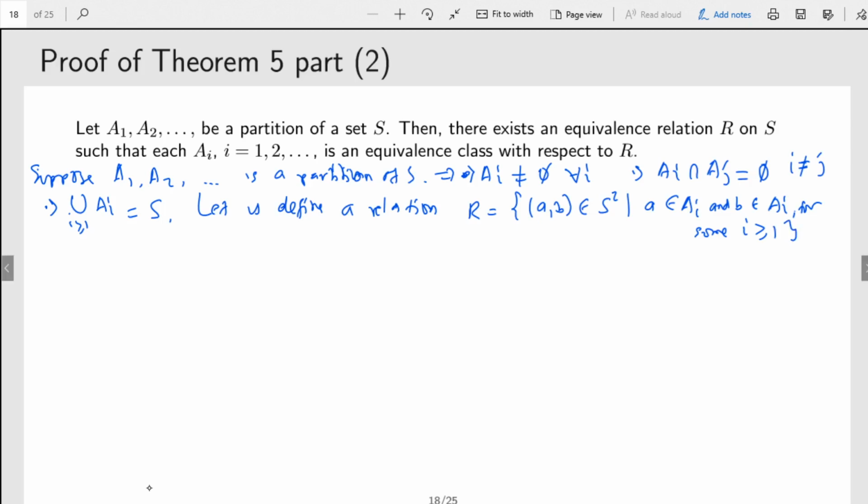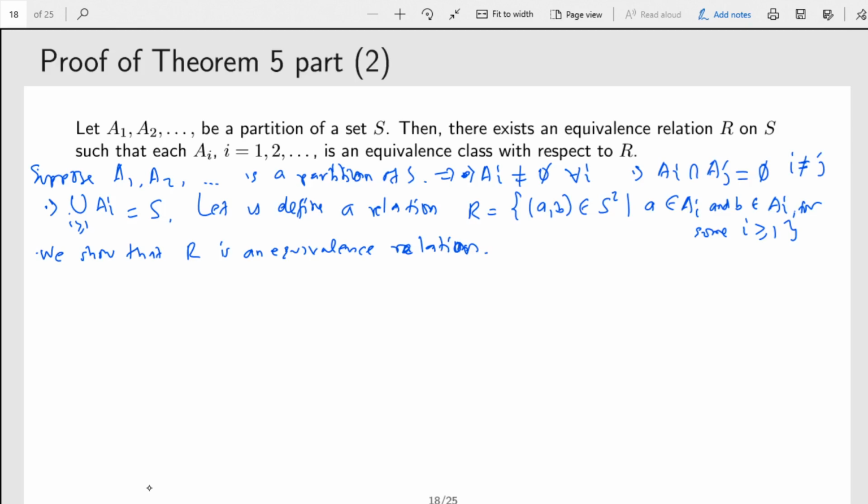So now what we need to show is that R is actually an equivalence relation. It is a relation on S, right? So we just need to show that R is an equivalence relation.